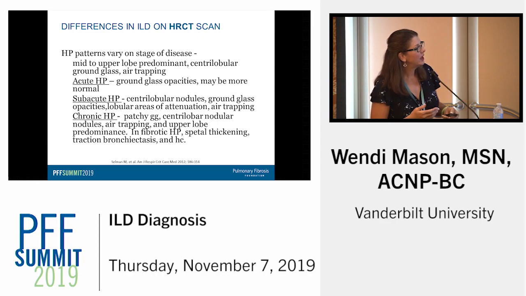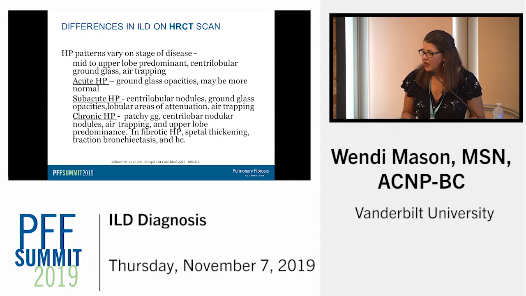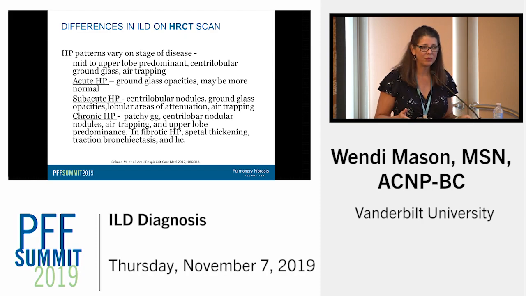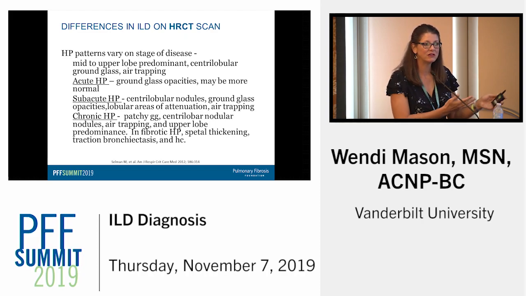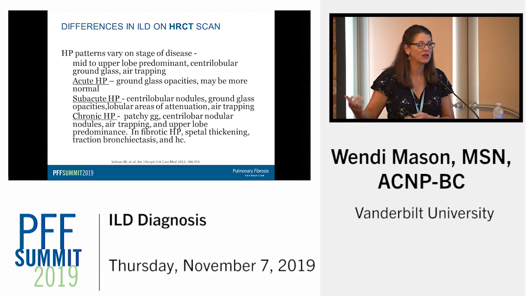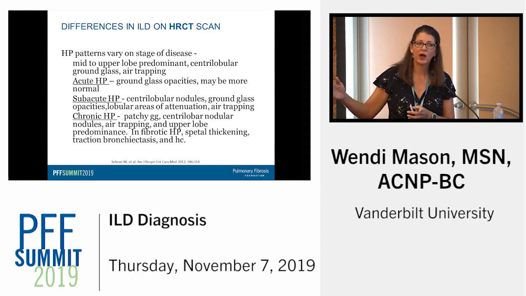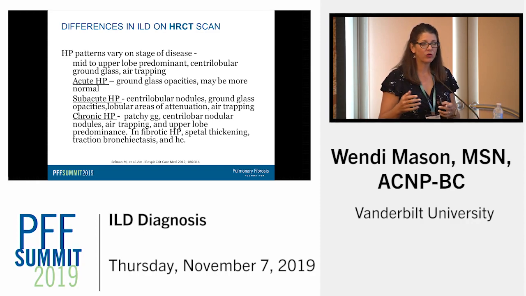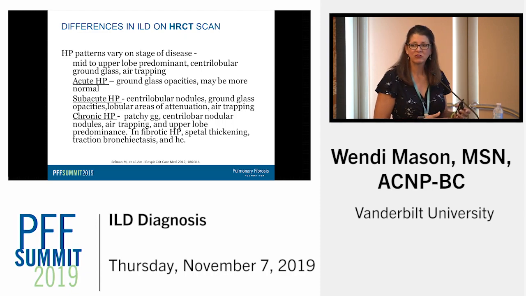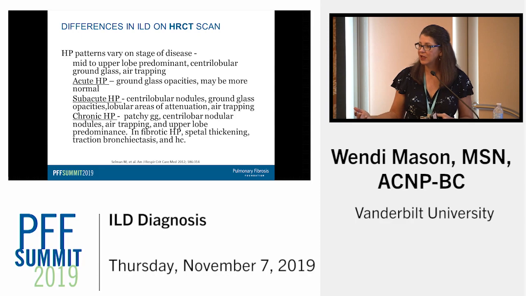All right, so again, CT patterns can change. It's not just one picture. So sometimes with some diseases, it changes with the course of the disease. Sometimes people say NSIP, these non-specifics, are the prelude to UIP. So while it's important to get CTs to make a diagnosis, a lot of times we'll say, well, we don't follow CT scans over time.